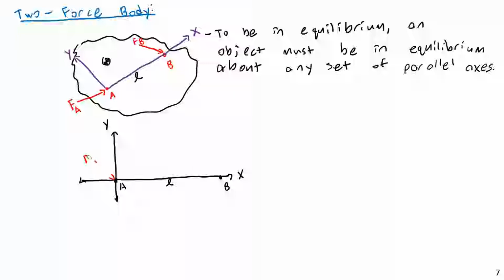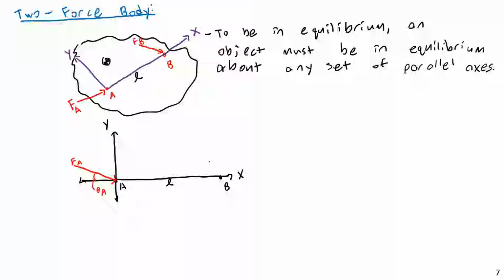In fact, I'll try to draw it to a similar direction to what I had here. So this one was almost horizontal. So FA here. And I'm going to say this is some theta A above the axis.